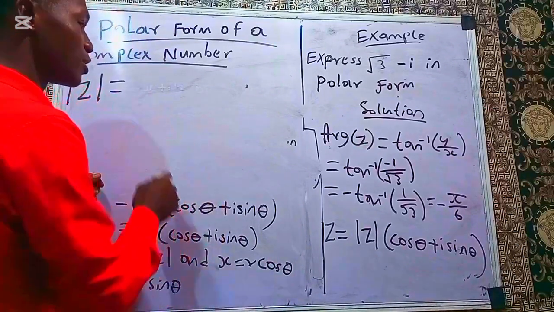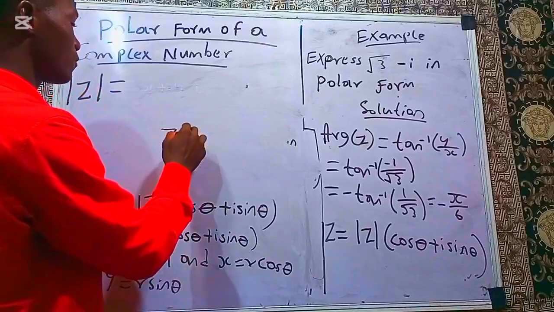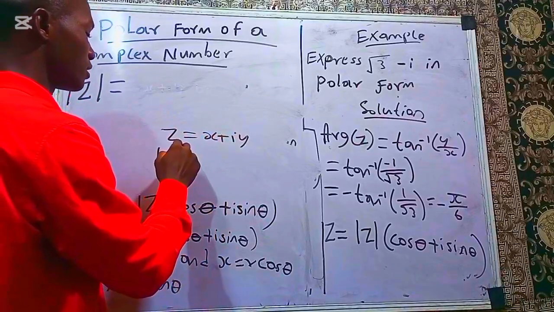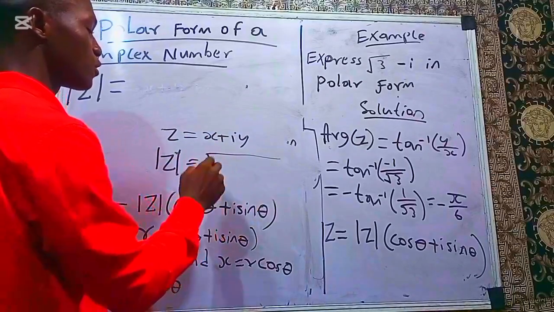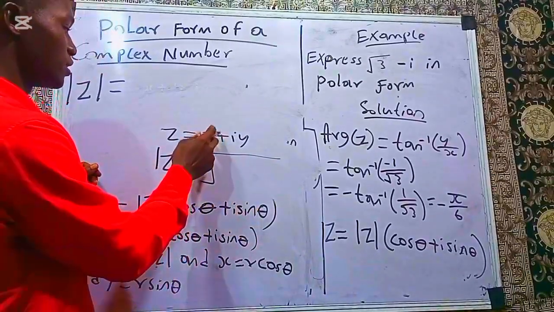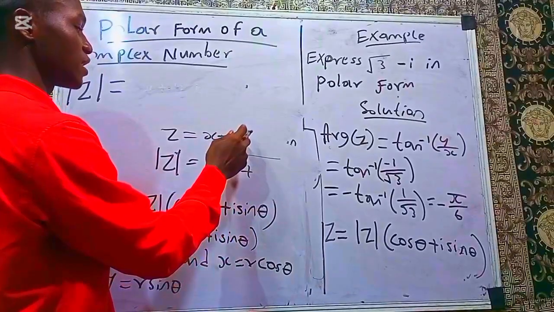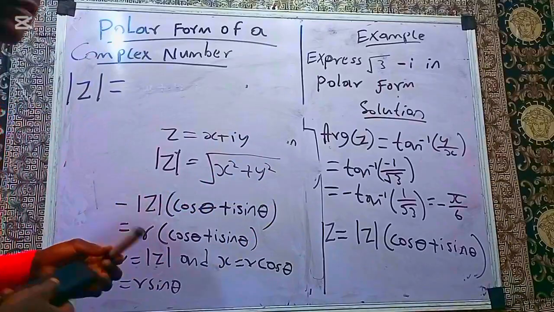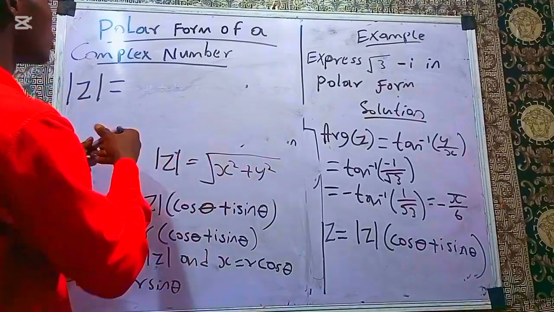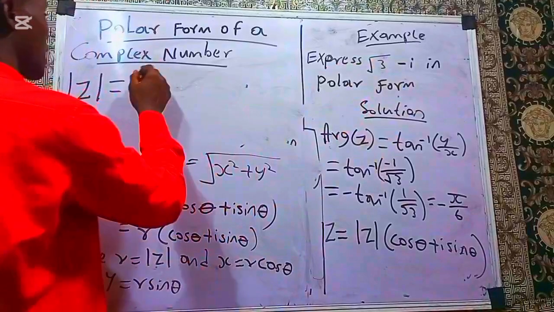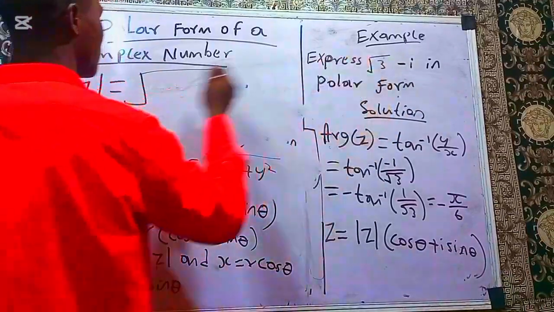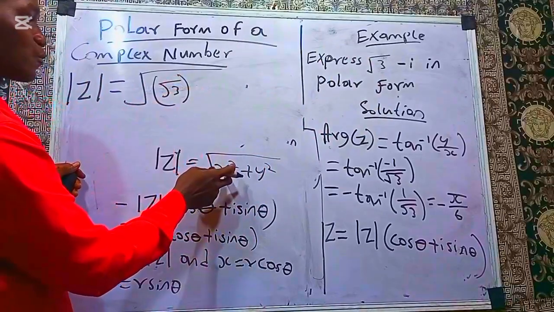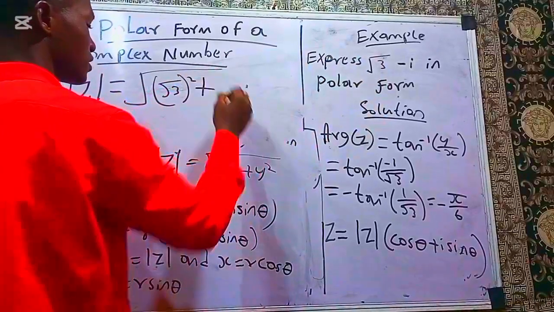Modulus of z will be equal to what? Now, if z equals x plus iy, then the modulus of this complex number is given by the square root of the real part squared plus the imaginary part squared. So this is the formula for finding the modulus of any complex number. We are going to use this to find the modulus of this complex number. That's the square root of, what's the real part? Square root of 3. The formula says real part squared, that's square root of 3 squared, plus the imaginary part squared.